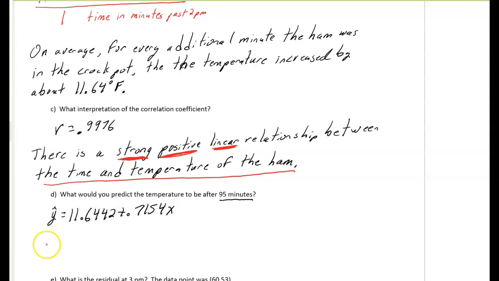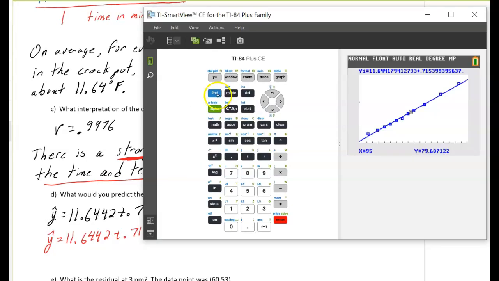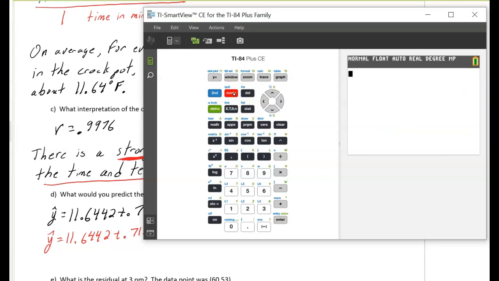The second way that you can do that problem is, now that we have the equation, you could plug in 95 for the value of x. Doing that on our calculator, let's see if we get the same answer of 79.61. 11.6442 plus 0.7154 times 95.